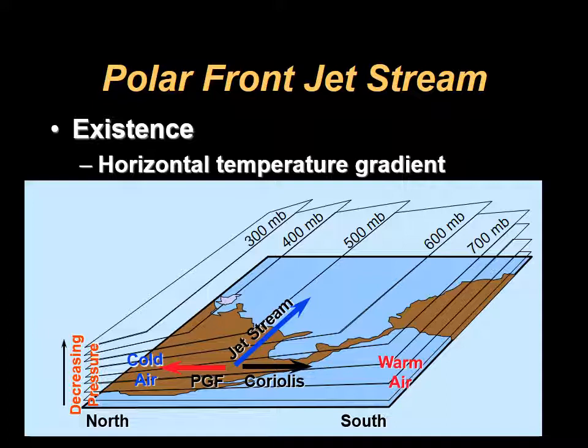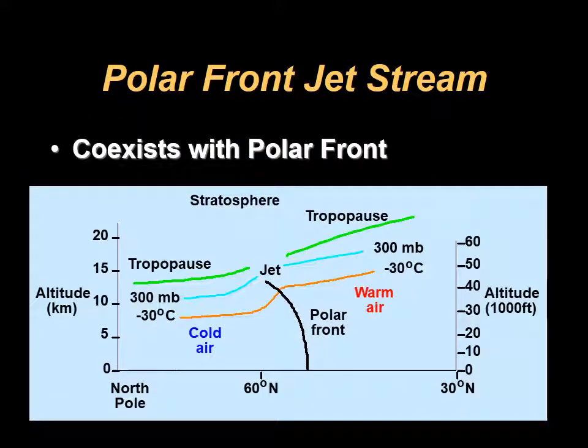Using the thermal wind equation and that concept, you're going to have a stronger wind at altitude because of that strong temperature gradient. That type of jet stream is called the polar front jet stream, and you'll find it with the polar front.